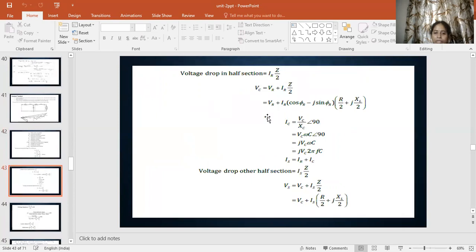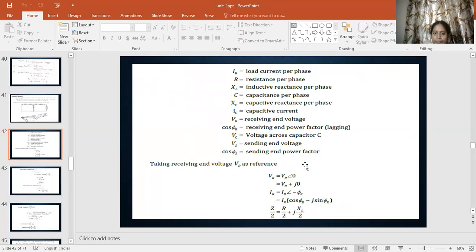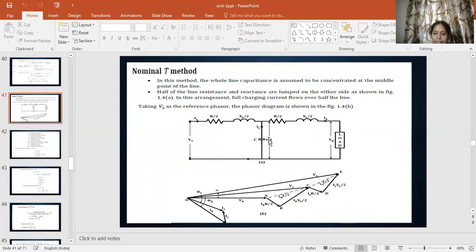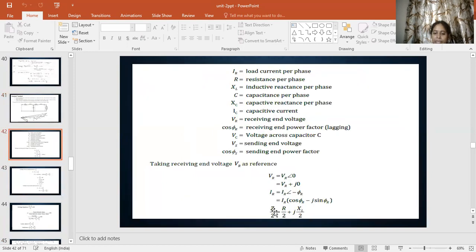and the voltage drop in a half section is, as I already told you, VC equal to VR plus drop. This drop is nothing but R by 2 plus jXL by 2, that's nothing but Z by 2.